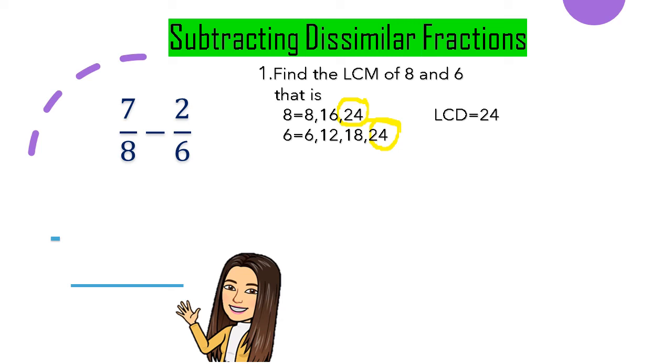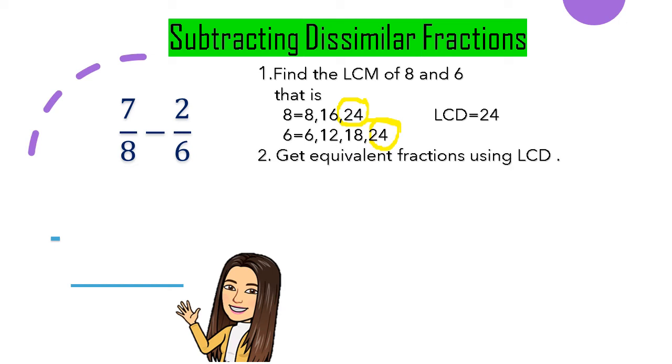The encircled number is the least common multiple. So we will use this least common multiple as the least common denominator or LCD to do step 2.